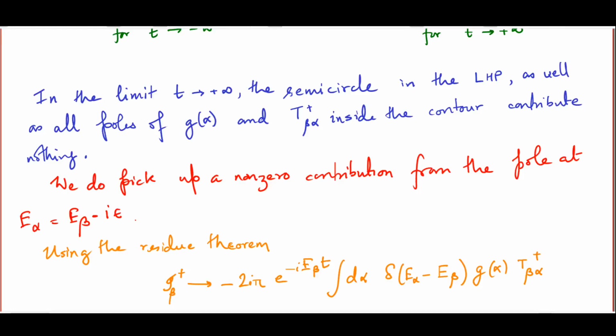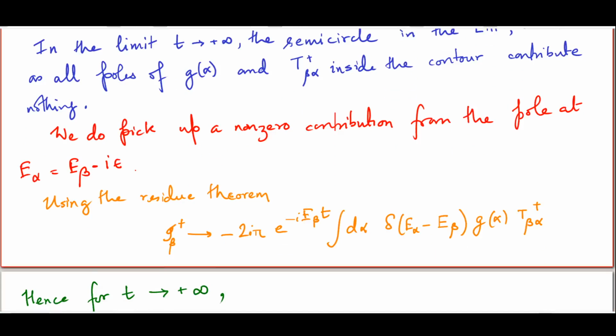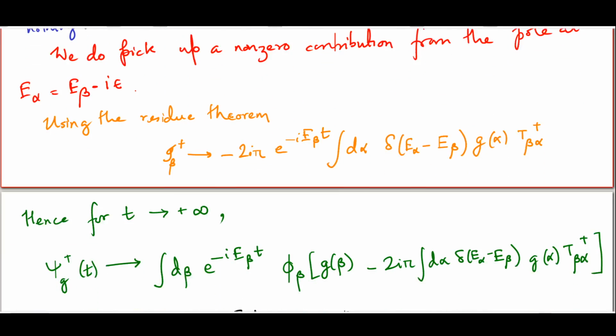This shows us that at least in the limit of very large positive values for t, this is what psi g plus t becomes. This first thing here is nothing but phi g of t, and this is exactly what you get when you substitute this for chi beta plus in the rest of the expression.